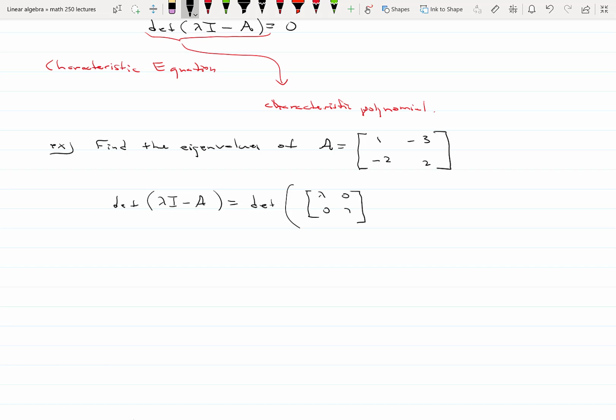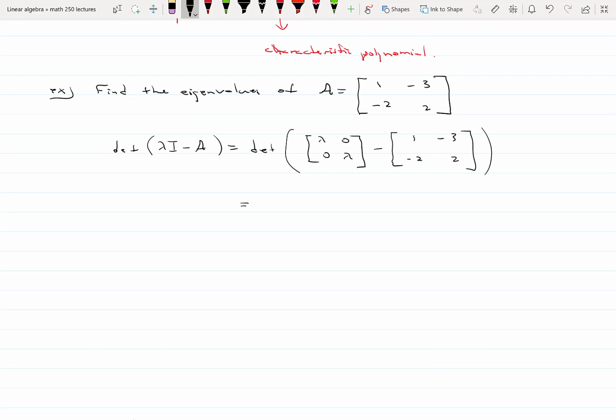It's simply the 2 by 2 matrix with lambda along the main diagonal. So there's lambda I minus, I'm literally plugging in the matrix A now. Oops, I'm going to plug in the right matrix A.